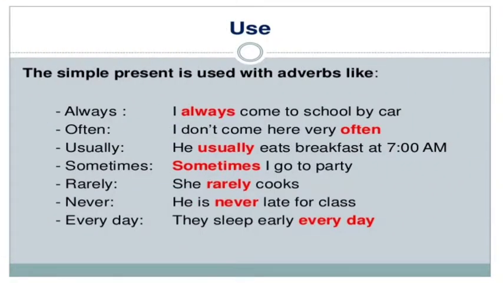Now there are some adverbs which we use in simple present tense, like always, often, usually, sometimes, rarely, never, every day. These are some adverbs which we use in simple present tense.